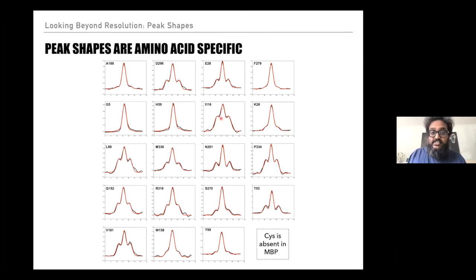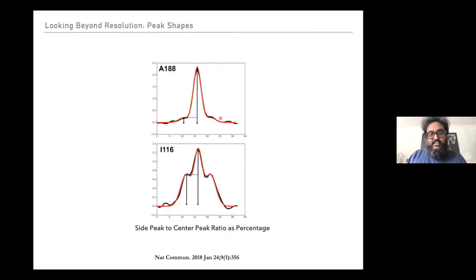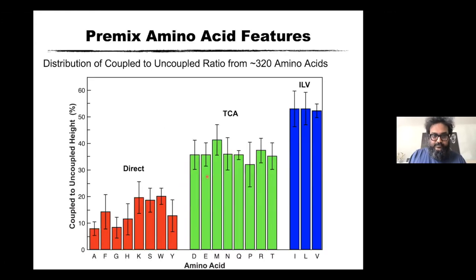But for all the other amino acids, you have a singlet as well as a shoulder. The level of the shoulder, which comes from the coupling to the C beta, depends on the biochemical pathway from which the amino acid is derived. So essentially, you have a central peak that you can use to align, and you have the residual shoulder that gives you amino acid specific information.